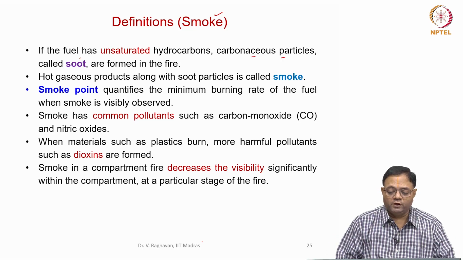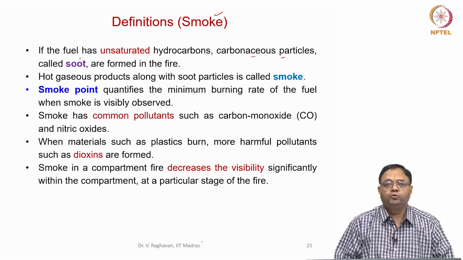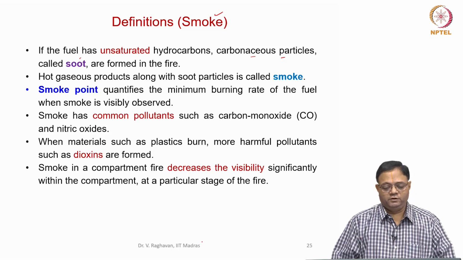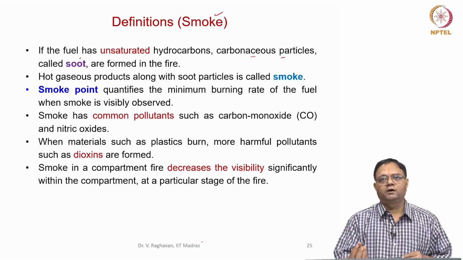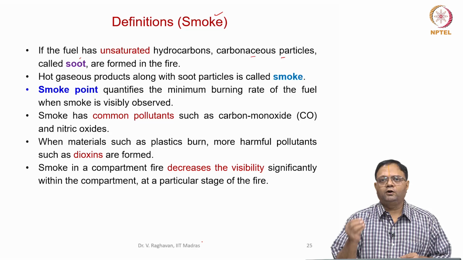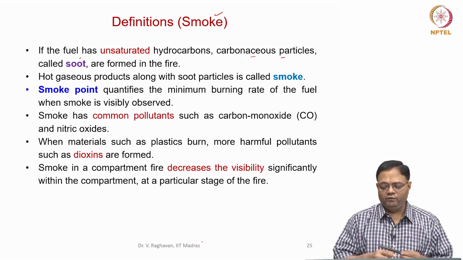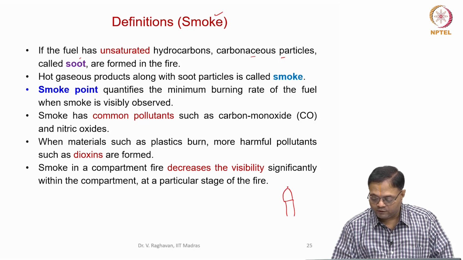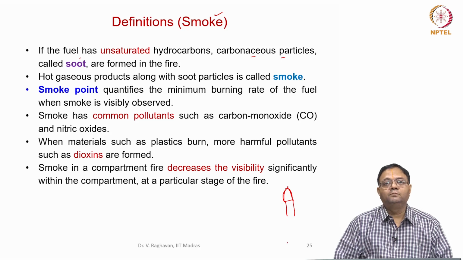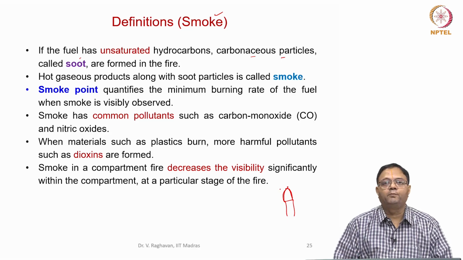But if you increase the burning rate to a critical point, say for example I inject propane through a circular burner, at low flow rates you will form a flame. For example, the flame will be closed like this, and there will be no smoke coming out of it.